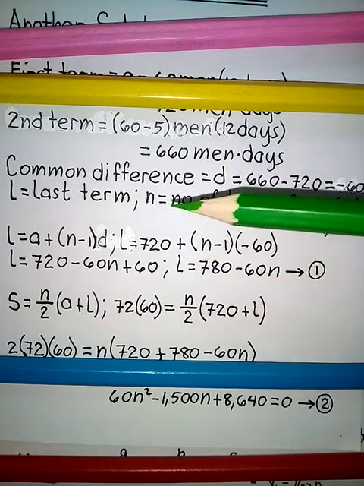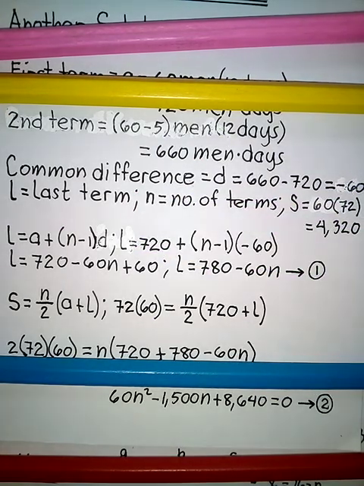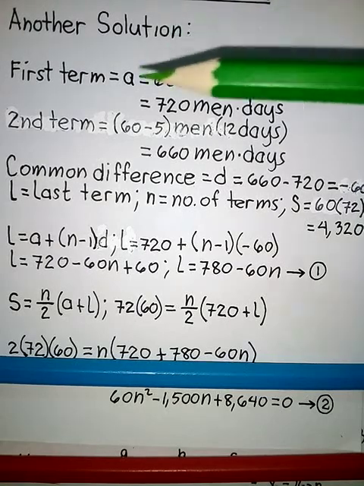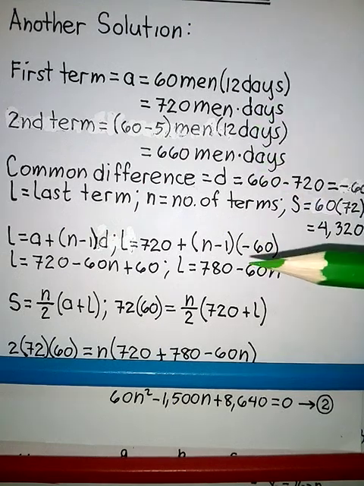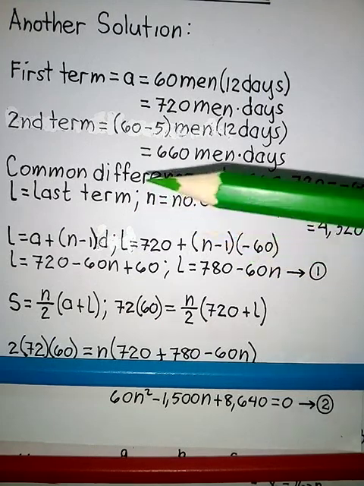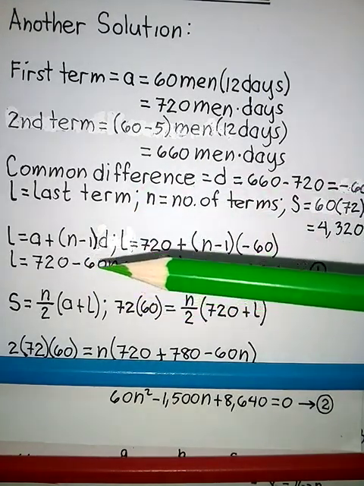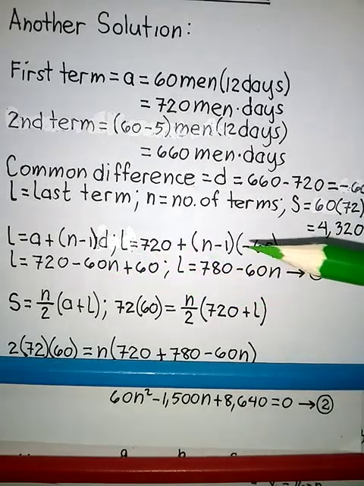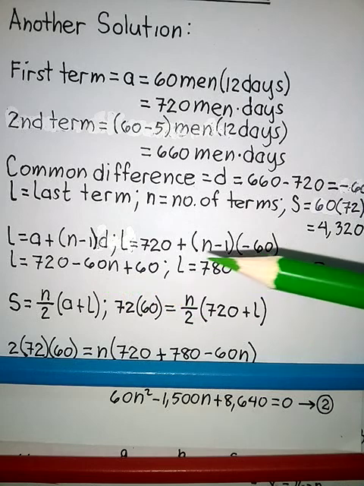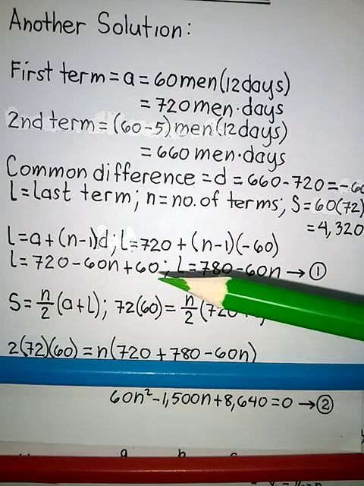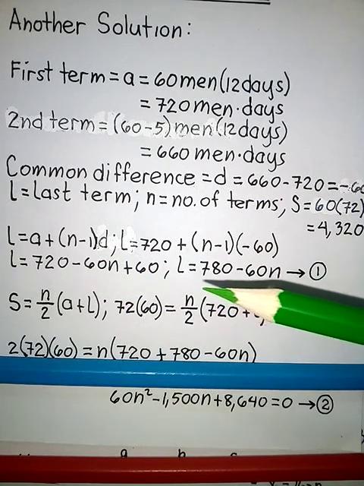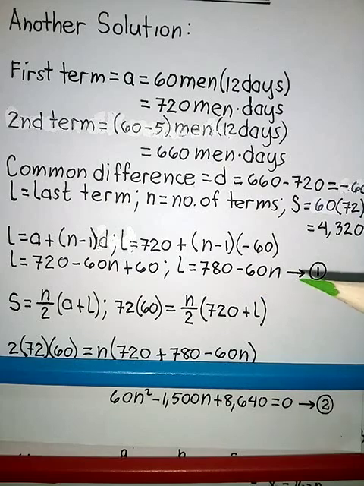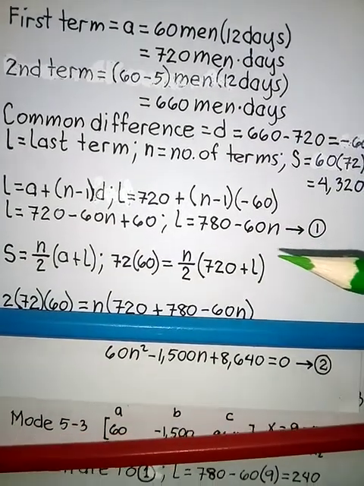Substituting the given values, the last term is 720 plus quantity n minus 1 multiplied by negative 60. Negative 60 times n is negative 60n, and negative 60 times negative 1 is positive 60. Combining 720 and 60, the last term L is equal to 780 minus 60n. Let's have this as our first equation.